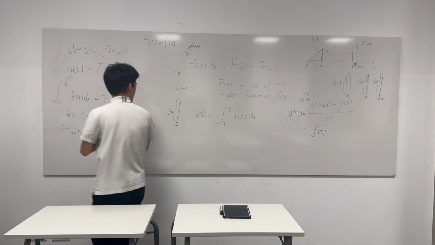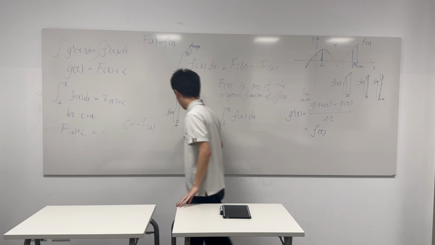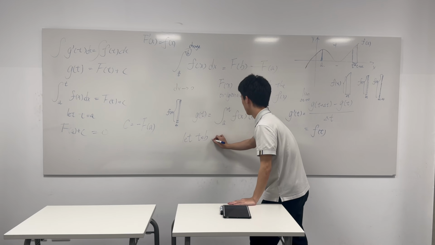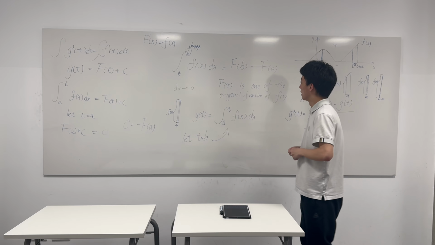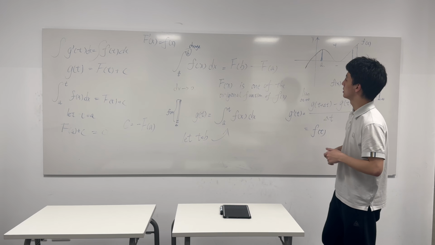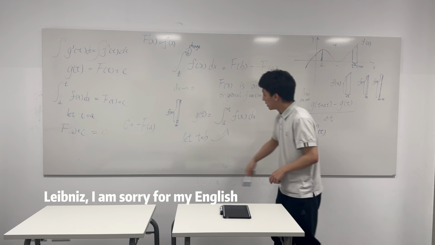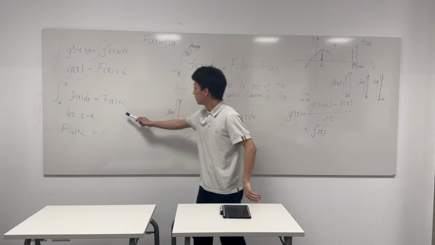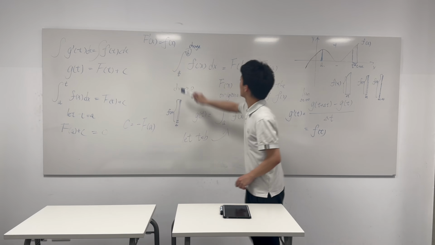So right now, let t equal b. Then we will get the Newton-Leibniz formula, right? So we know that c is equal to minus capital Fa. We place it here, and we let t equal b. Then we will get the formula here.